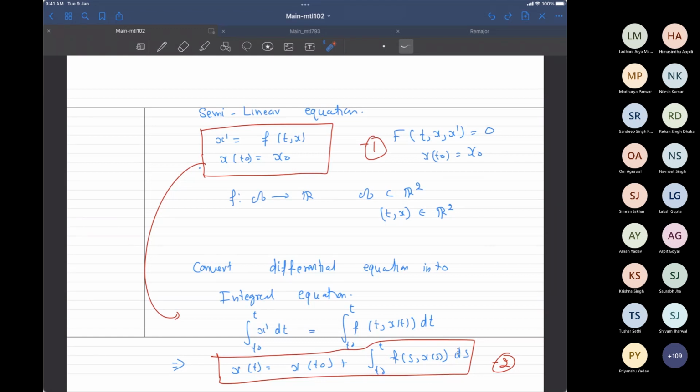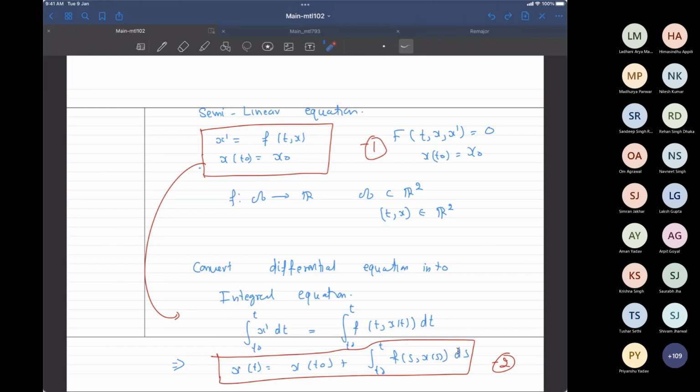So 1 and 2 are equivalent statements. In the first you look at the change in x at time t given by this function; in the second, the change in x from time t0 to t is this integral. Under appropriate conditions on f, for example continuity, these two statements are equivalent.